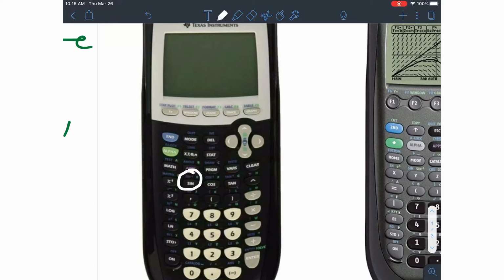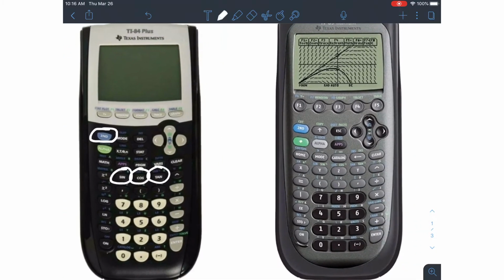You can see right here, it says arcsine in blue. Here it says arccosine in blue. Here it says arctangent in blue. So the way that you are going to be able to do those is that you have to hit your second button first, and then if you want arcsine, you'll just hit sine. And that's how you will get that, and then you can type in whatever your number is after that. And then the same is true for the other two as well.